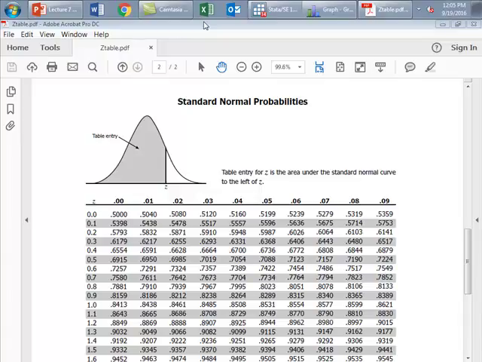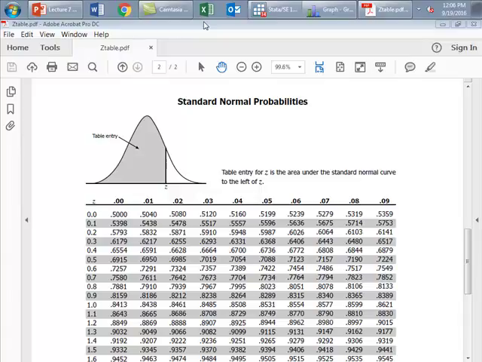So if we have a z-score of 0.00, how much of the data is to the left or less than our z-score? Half. Why do you say half, Joey? Because it says 0.5.